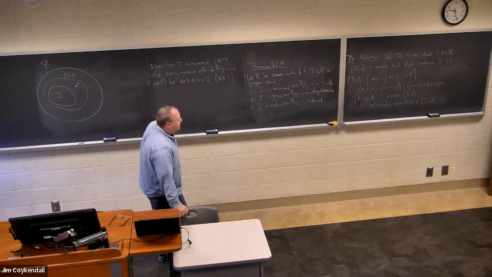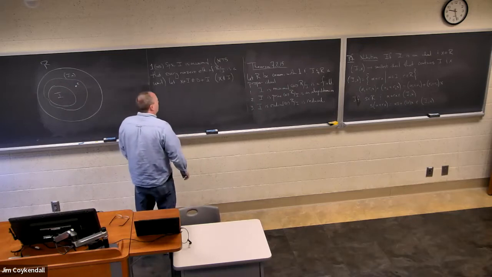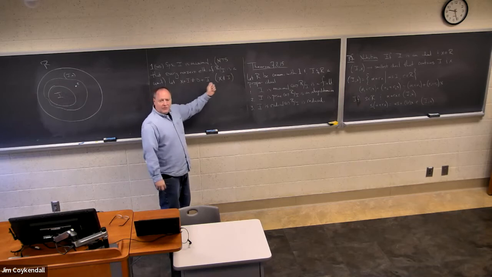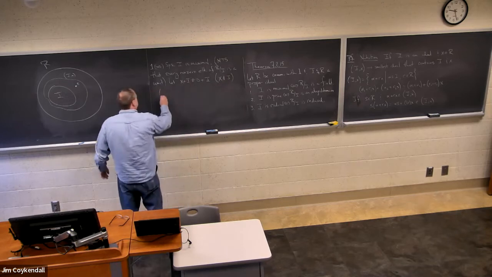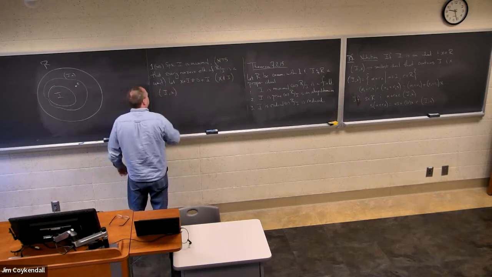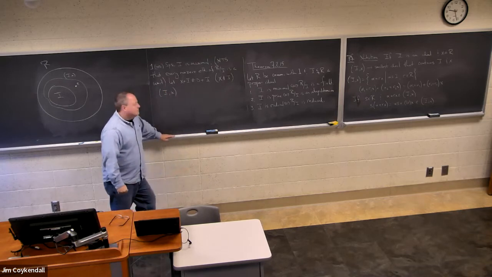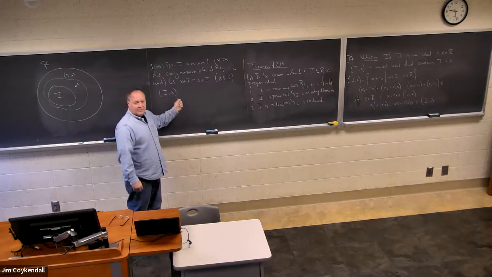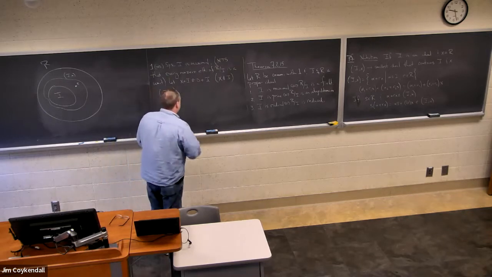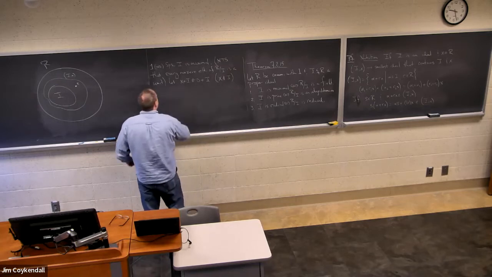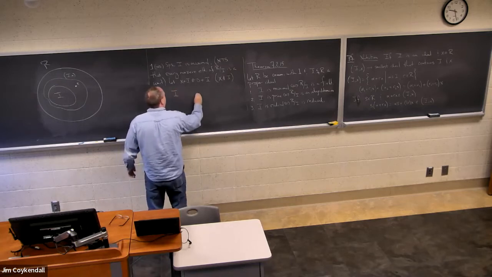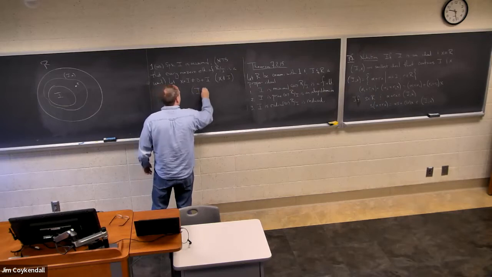Now, let me ask you guys this. What do we know? We've got I, we've got this X that's not in I. Let's look at this ideal here, the smallest ideal that contains I and X. What do you know about the relationship between I and this ideal?